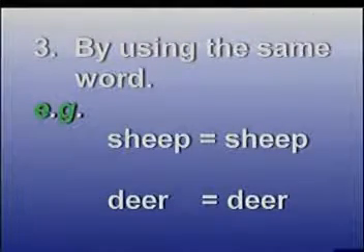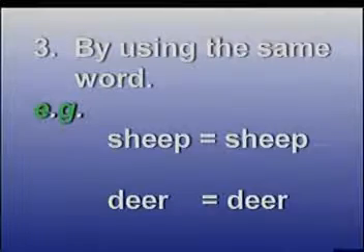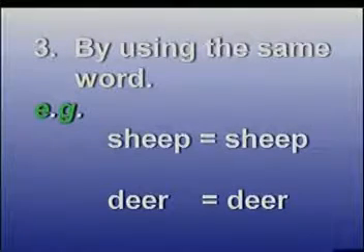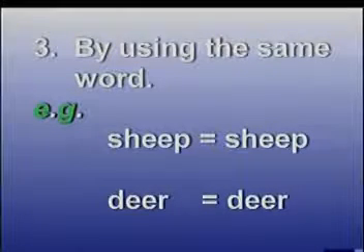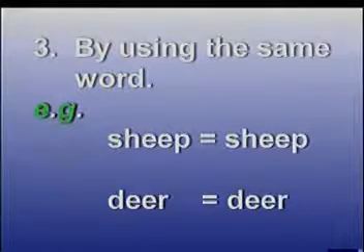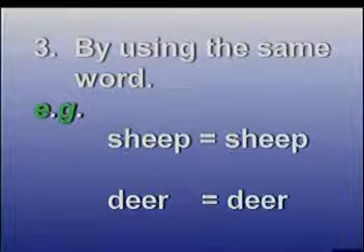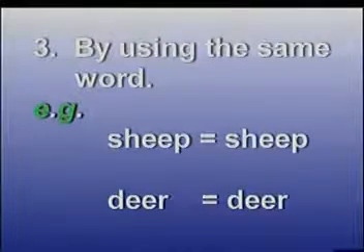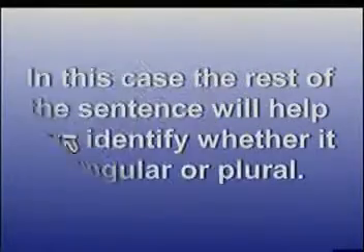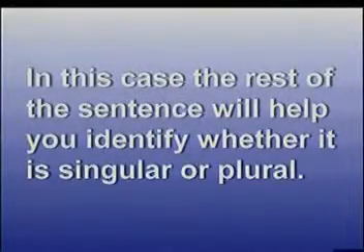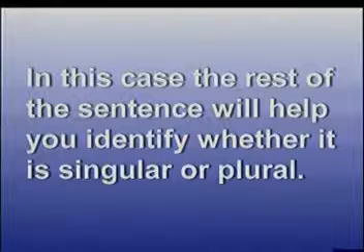And 3, by using the same word. Example, sheep will stay sheep and deer will stay deer. In this case, the rest of the sentence will help you identify whether it is singular or plural.